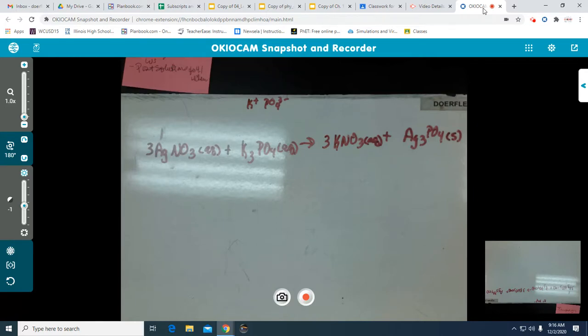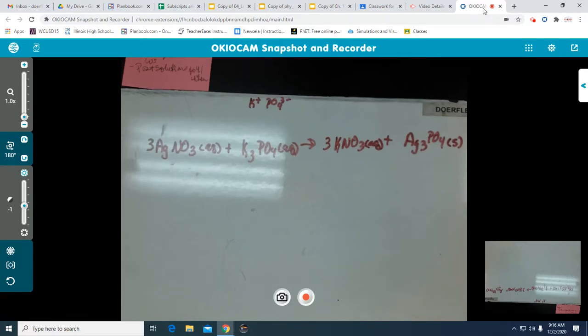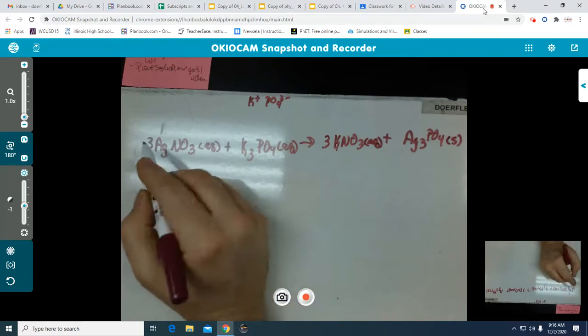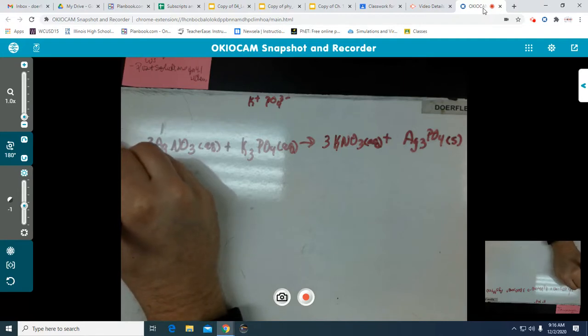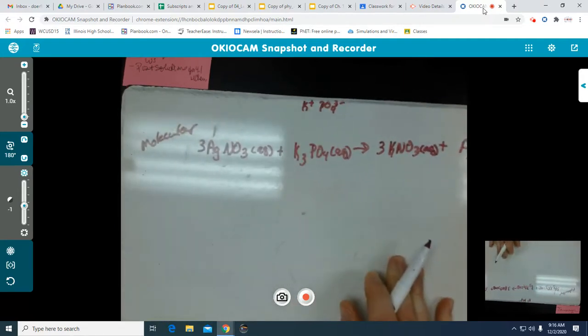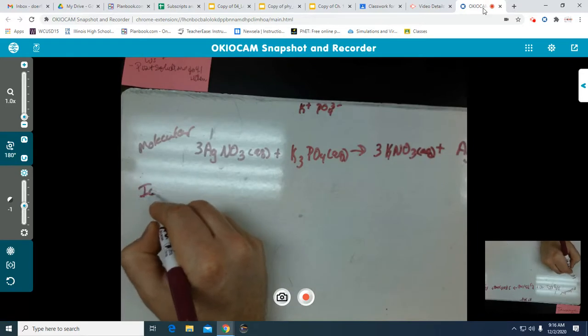Sometimes they run together. Anyway, next step is we have to dissociate what we can. So this is our molecular equation. Next is going to be ionic.